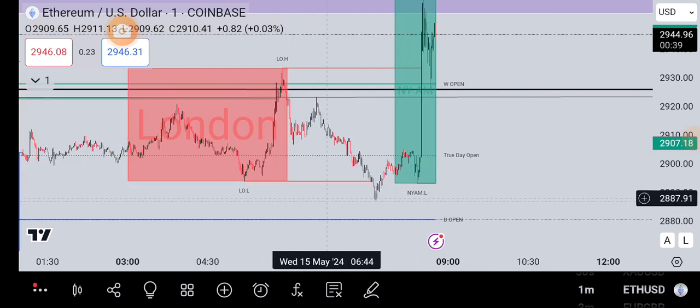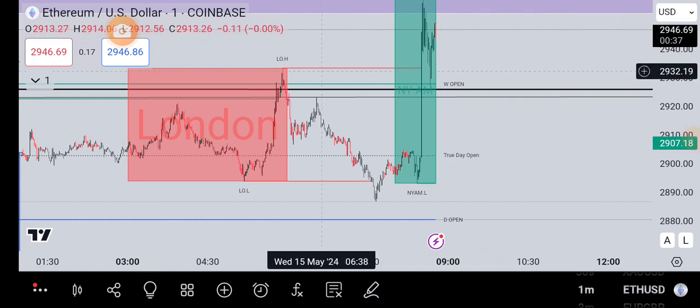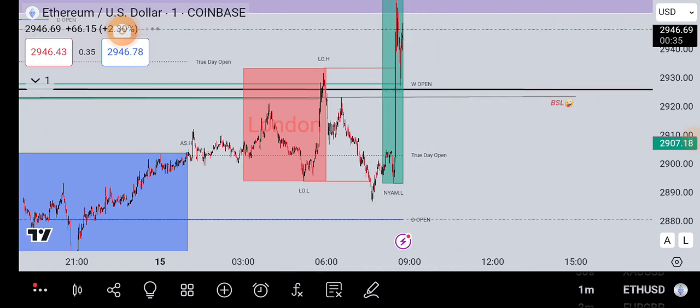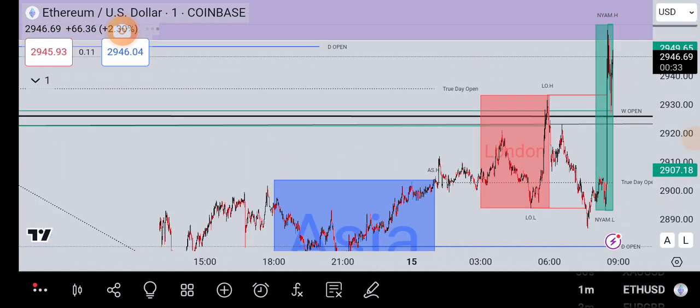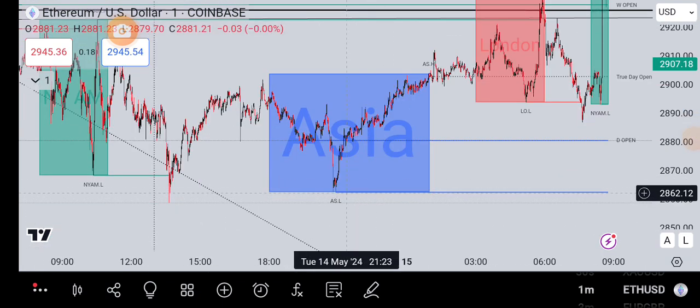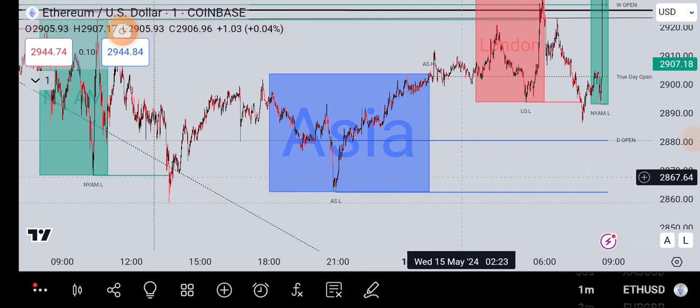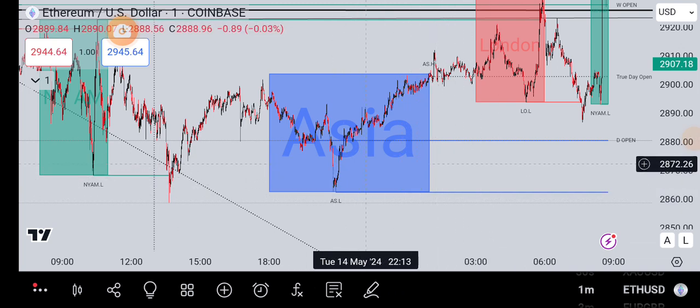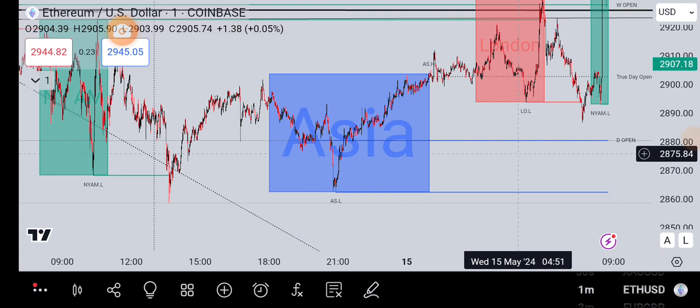And we have this sell side that has not been engaged. We have London, which was taken, then we had this push higher to clear London highs, and also we have some liquidities resting below this Asia low, which will be my target, the Asia lows.